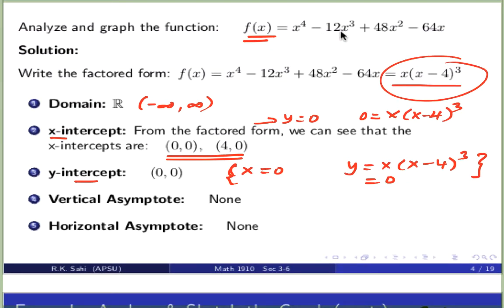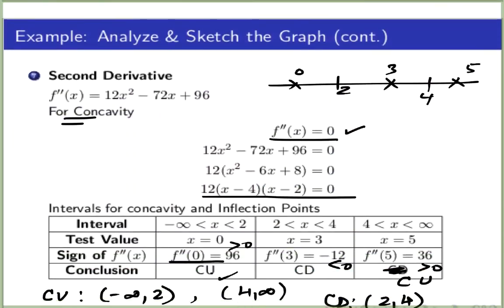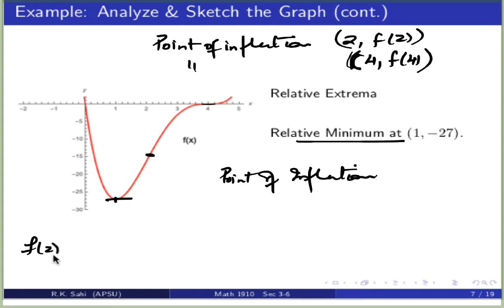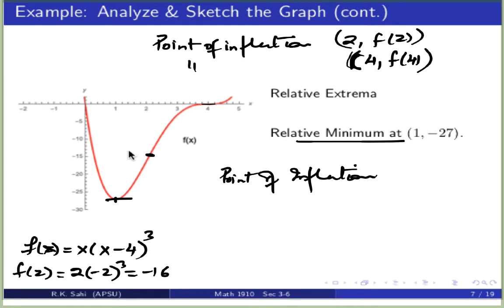So let's write that down here. f of x is x times (x minus 4) cubed. So what is f of 2? It's 2 times (minus 2) cubed. That's minus 16. That's somewhere here.